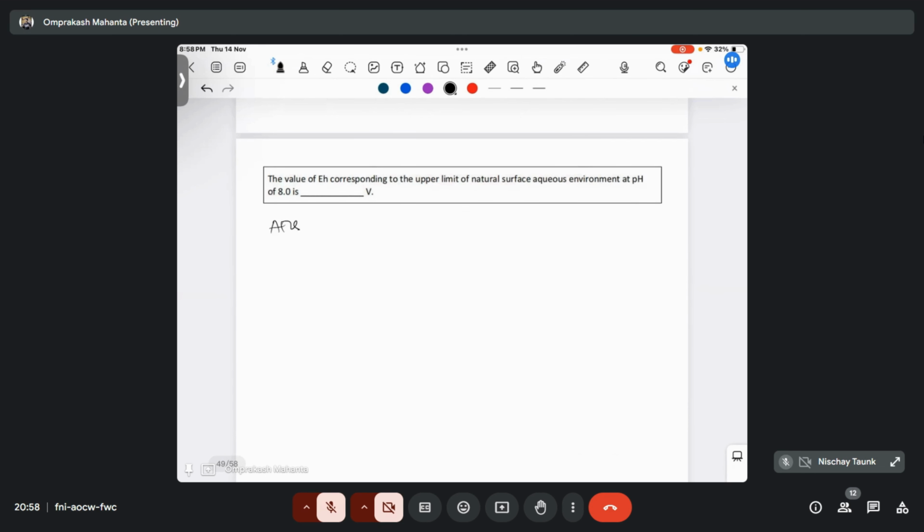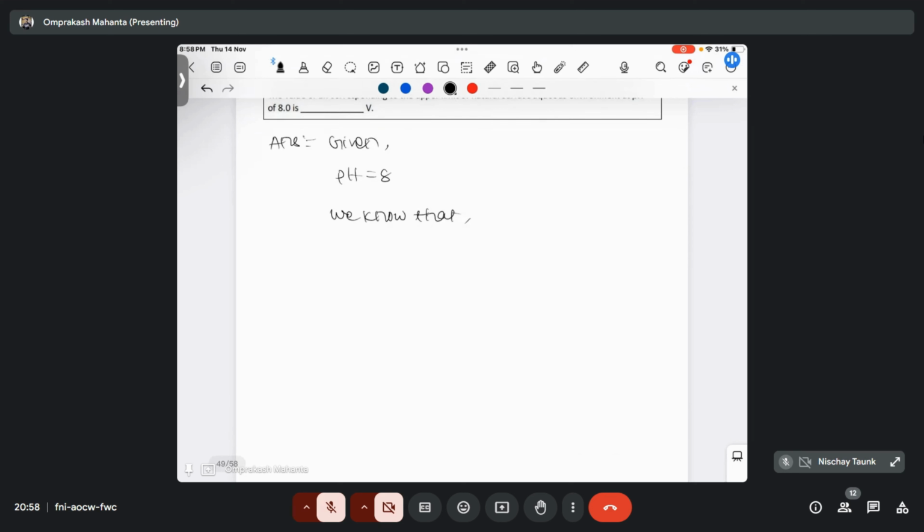The value of Eh corresponding to the upper limit of natural surface aqueous environment at pH 8. Here pH is given, and it wants to calculate the Eh value. There is a relationship between pH and Eh. We know that Eh equals 1.23 minus 0.059 pH.